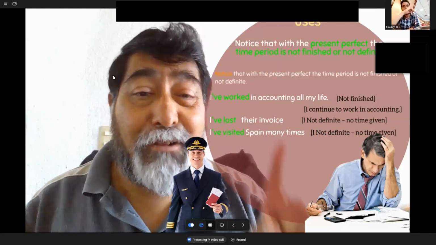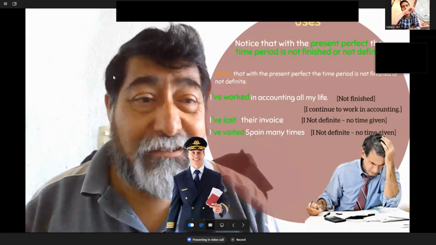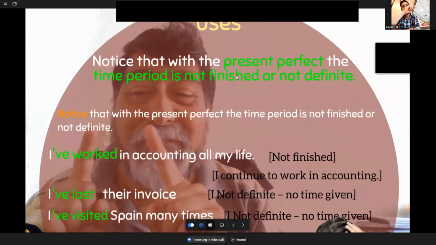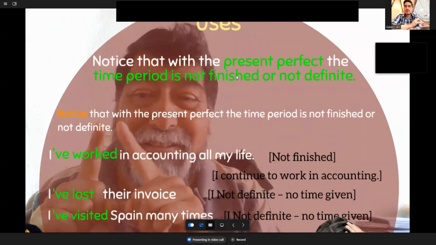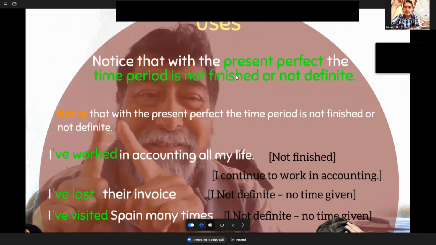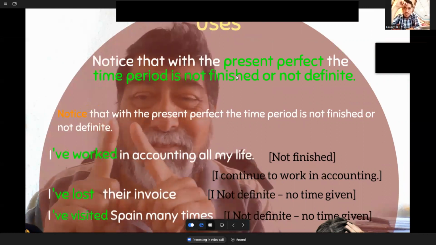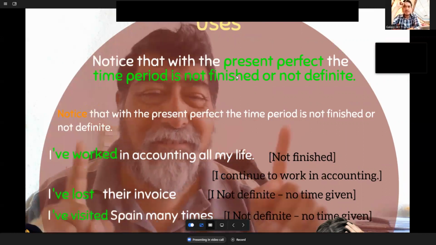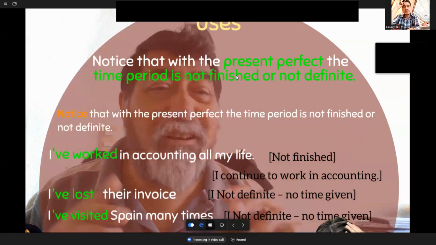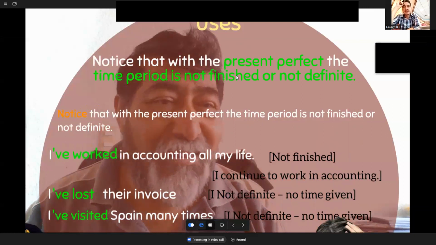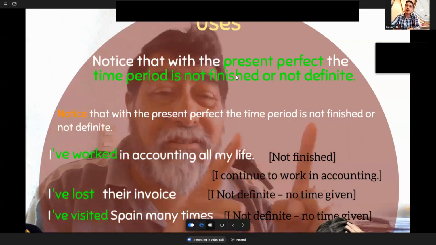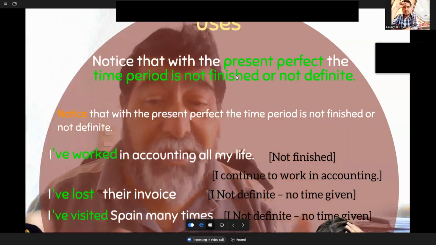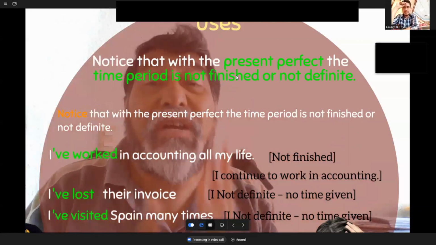Okay. Example, here we have the notice. Let's analyze this notice. Can you help me reading the notice? Yes, I do. Notice that with the present perfect, the time period is not finished or not definite. Remember, not definite, we don't know specifically when the actions occur.